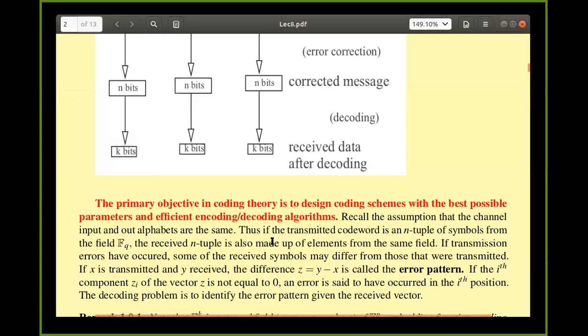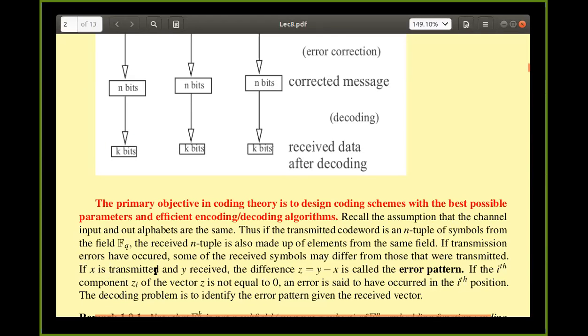Recall the assumption that the channel input and output alphabets are the same. Thus, if the transmitted code word is an n-tuple of symbols from the field Fq, the received n-tuple is also made up of elements from the same field. If transmission errors have occurred, some of the received symbols may differ from those transmitted.